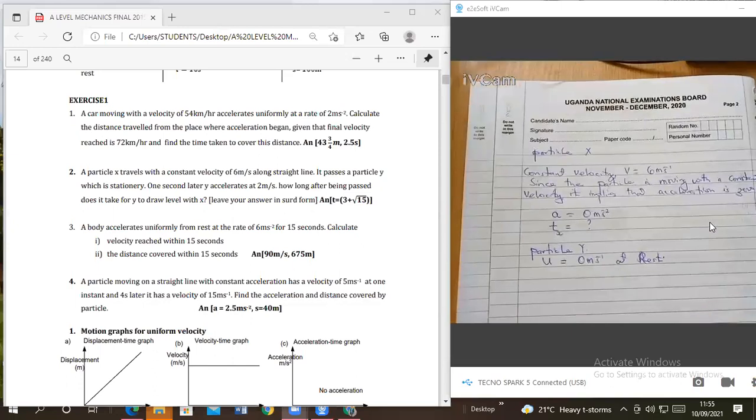Then 1 second later, it accelerated at a rate of 2 meters per second squared. So acceleration was given to be 2 meters per second squared.